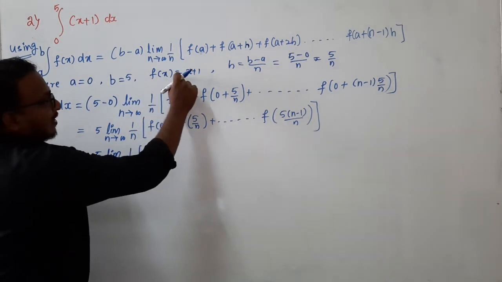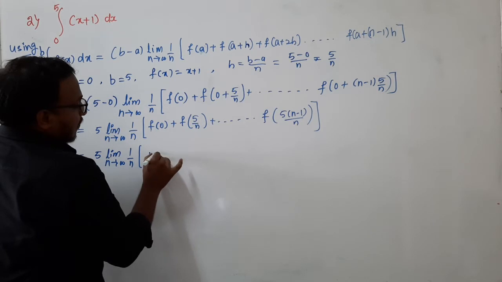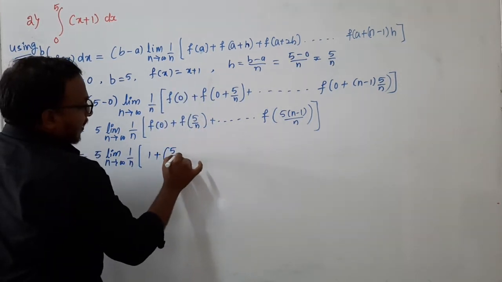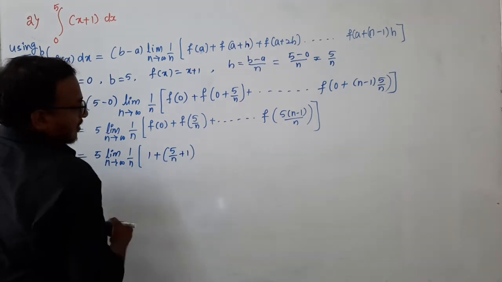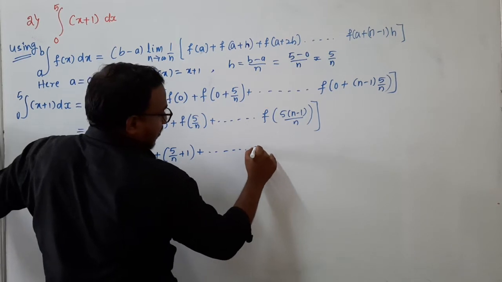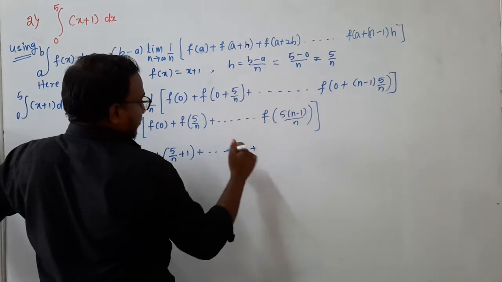Substituting 0 in place of x, the remaining term is 1. If we substitute 5 by n here, the equation becomes 5 by n plus 1, plus so on up to 5 into n minus 1 by n plus 1.